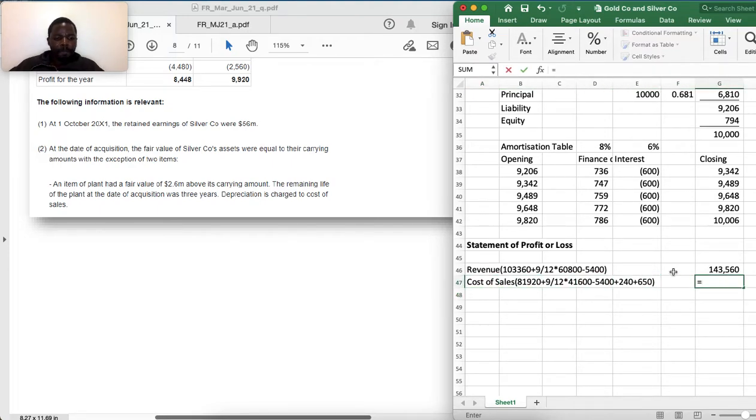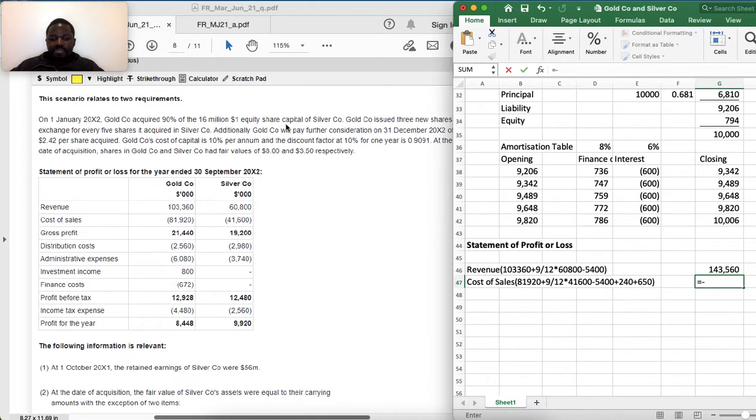We say $81,920 for the parent less 9/12 of 51,600. Then we subtract the intra-group sales.